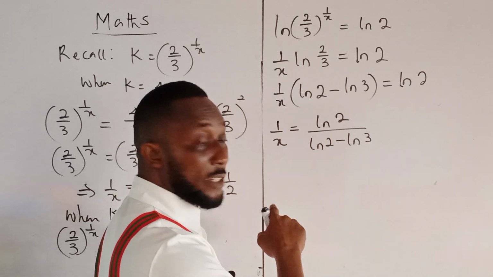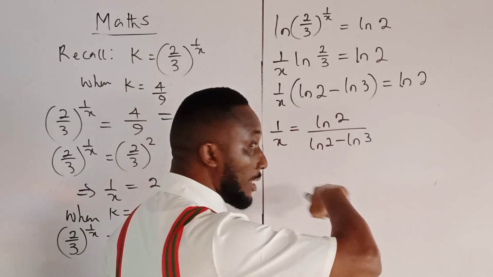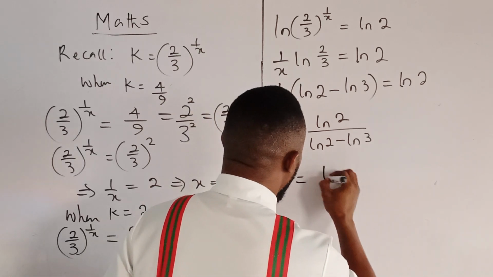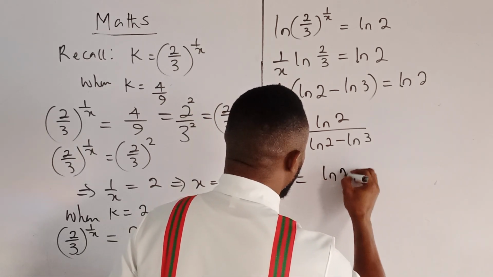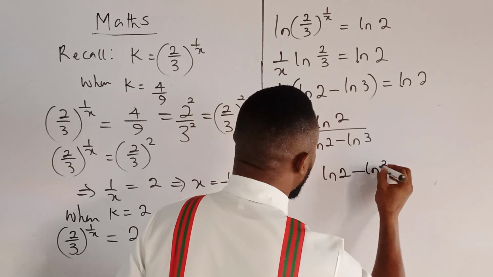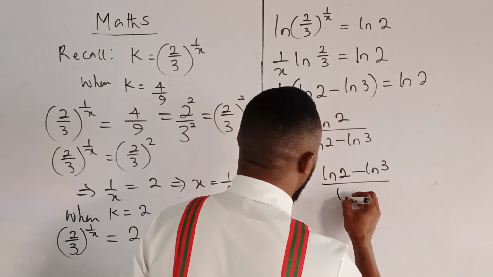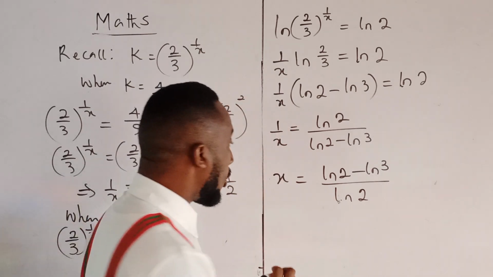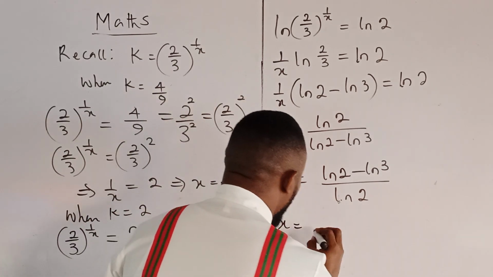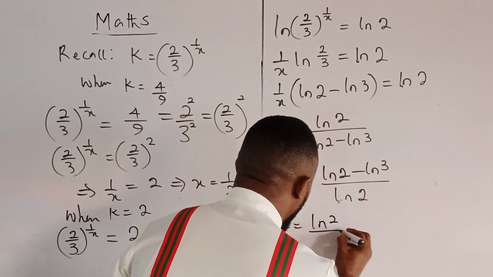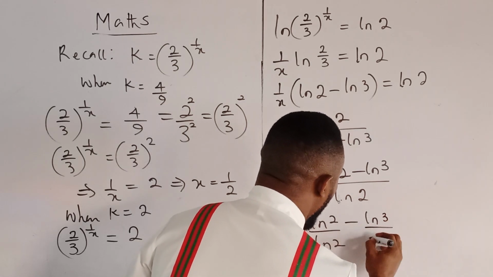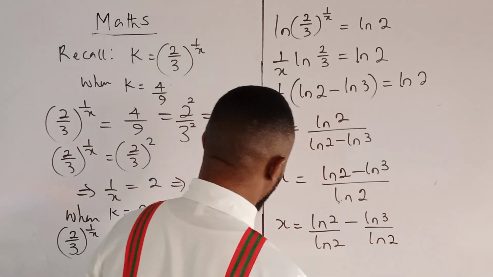Because I have the inverse of x here, if I take the inverse on both sides, I will have x equal to (ln of 2 minus ln of 3) divided by ln of 2. So if I decide to clean this up, x will then be ln of 2 divided by ln of 2 minus ln of 3 divided by ln of 2.